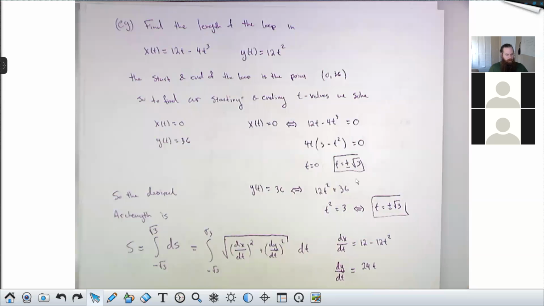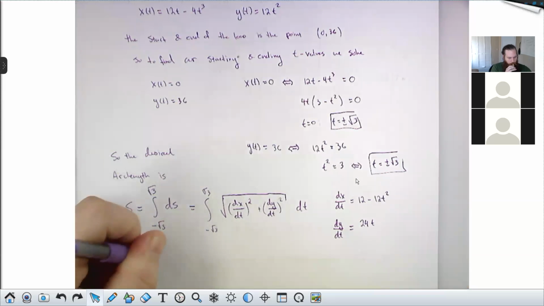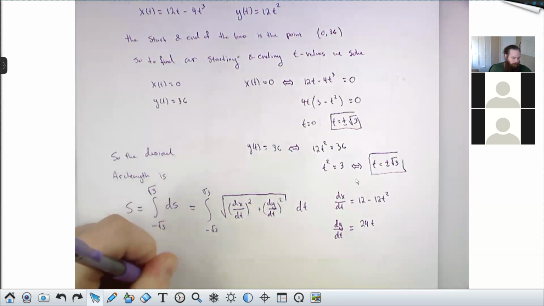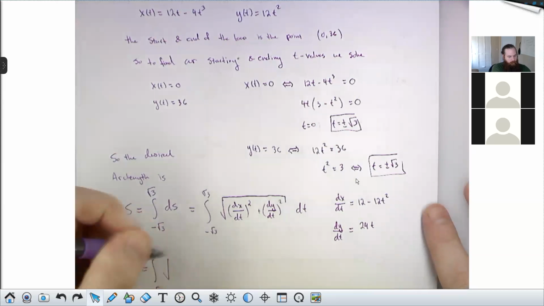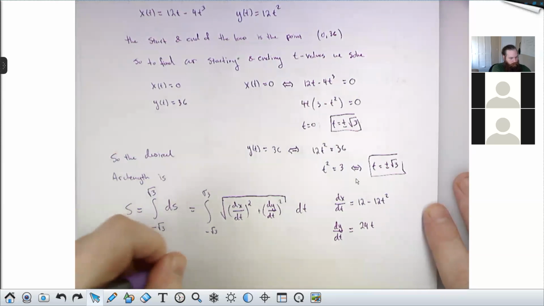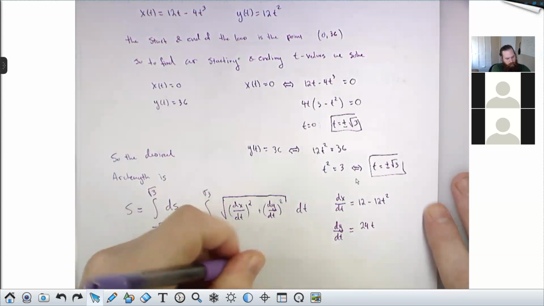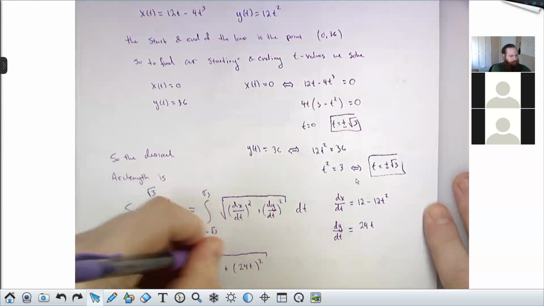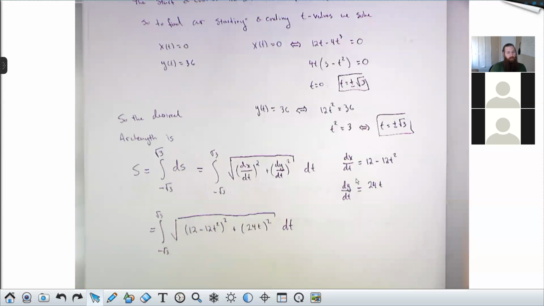So I'll square these, add them up, take the square root, and integrate. And this integral may be easy, may be hard.